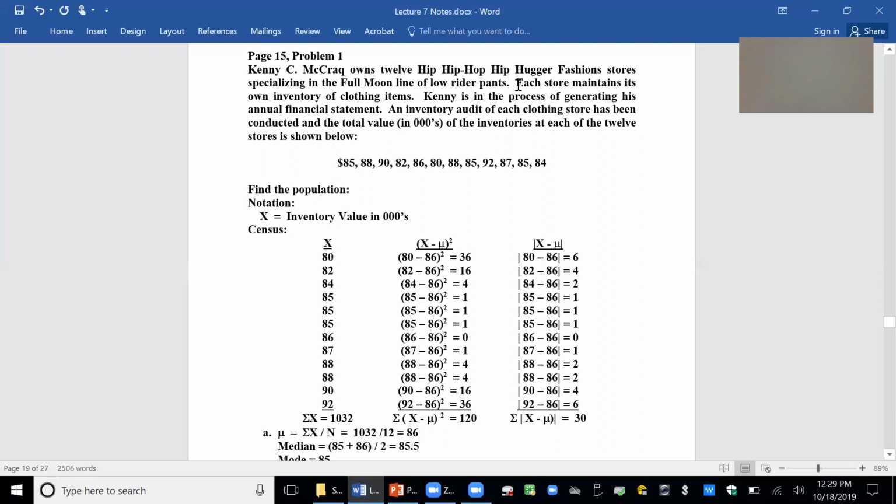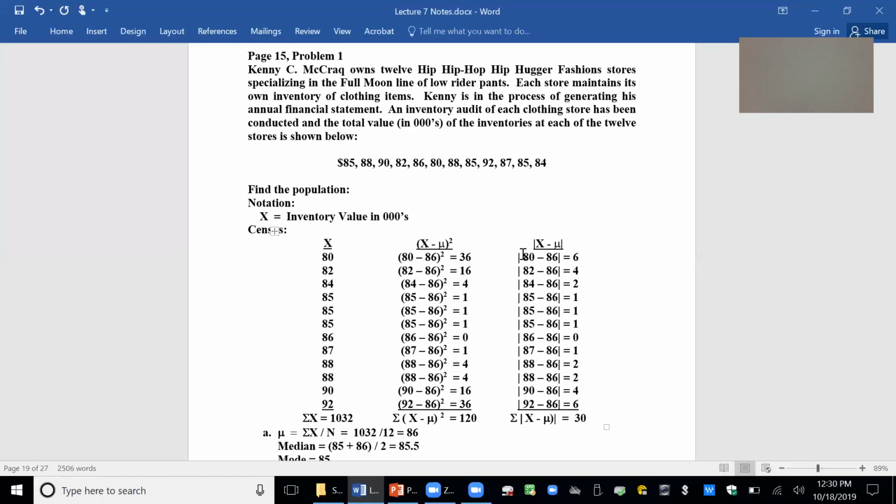Some gravity defying pants. I don't know how some are staying up. This is a mystery to me. Each store maintains its own inventory of items. Kenny has paid for a full financial audit. What's a full financial audit? It's a census. Where we go out and we look at everything.